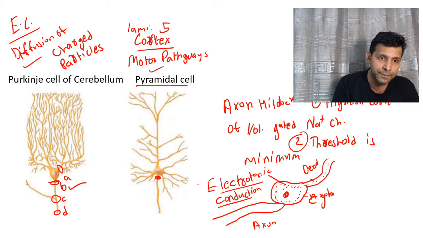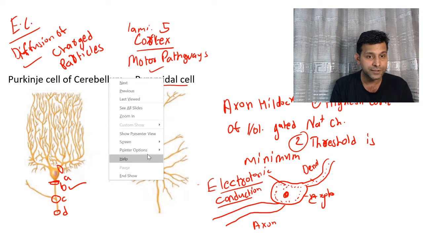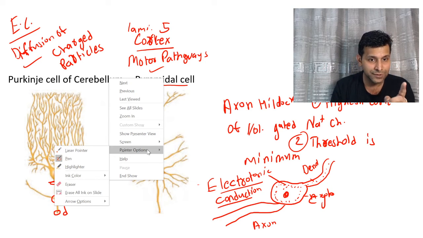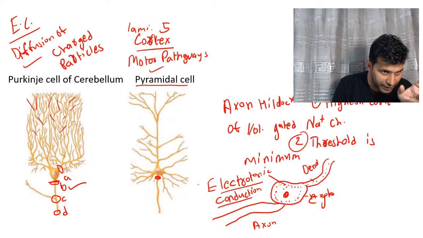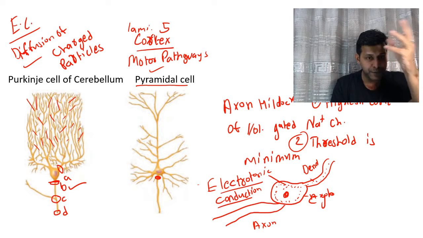So all the impulses that travel, what impulses? The impulses are EPSPs and IPSPs. They travel from the dendrons, because the dendrons make the connection with the previous neurons.